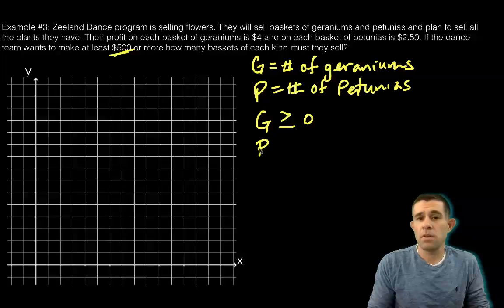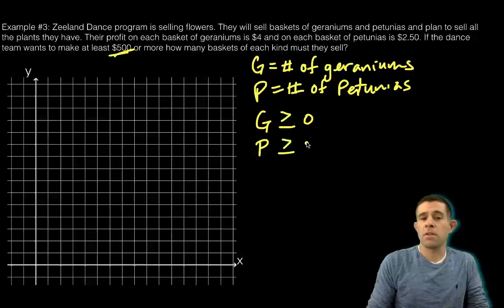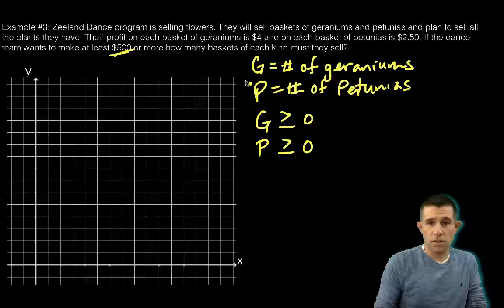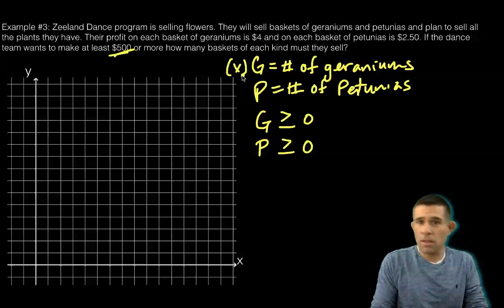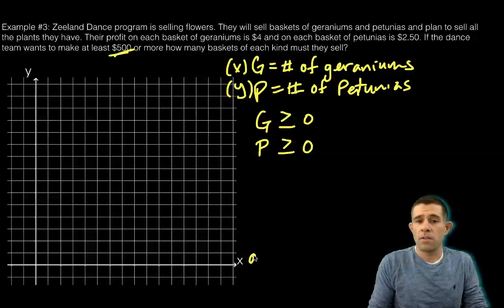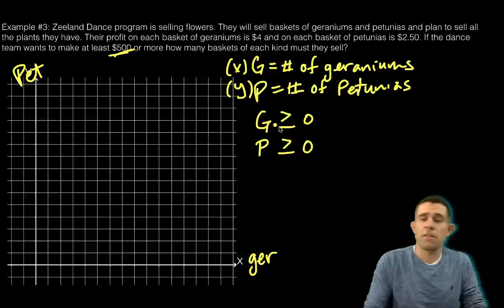And same thing with the number of petunias. That also has to be greater than or equal to 0. So for this example, we're going to let G be our number of geraniums, so this is going to be plotted along the x-axis, and P is going to be plotted along the y-axis. So this is our geraniums, and this is our petunias over here on our axes.